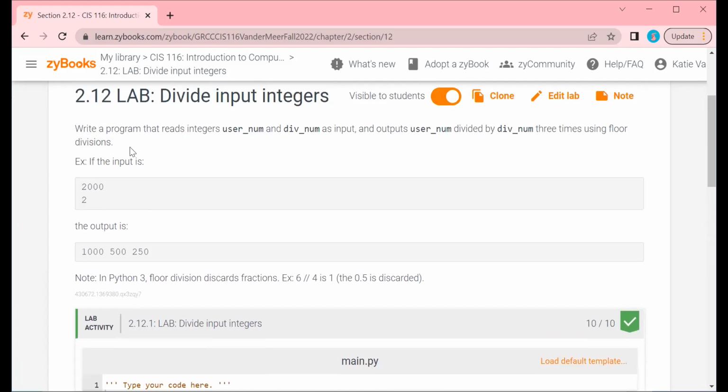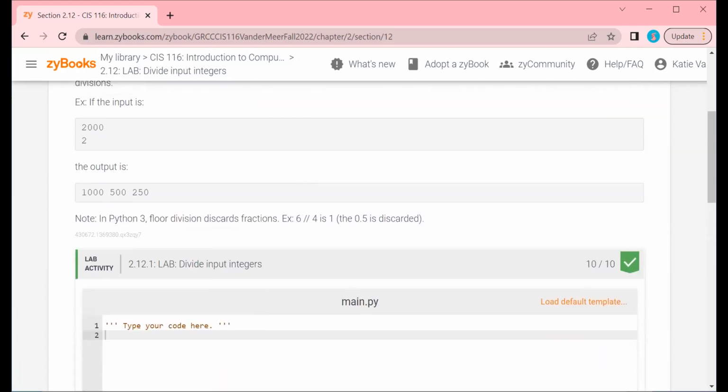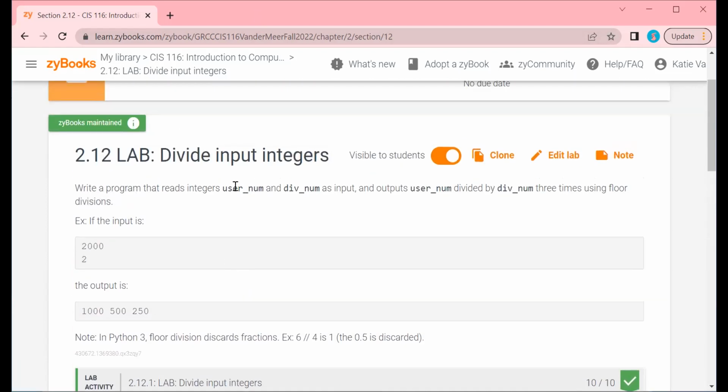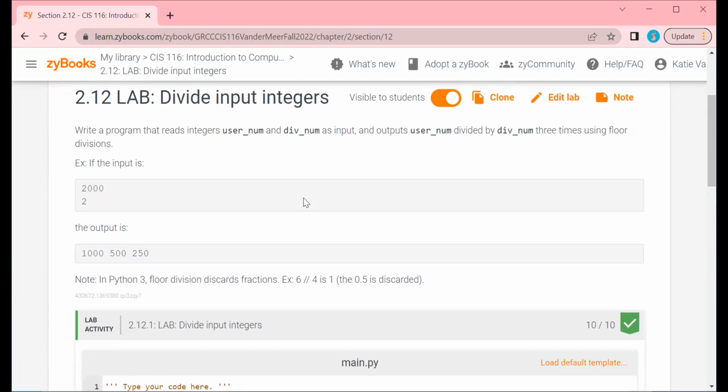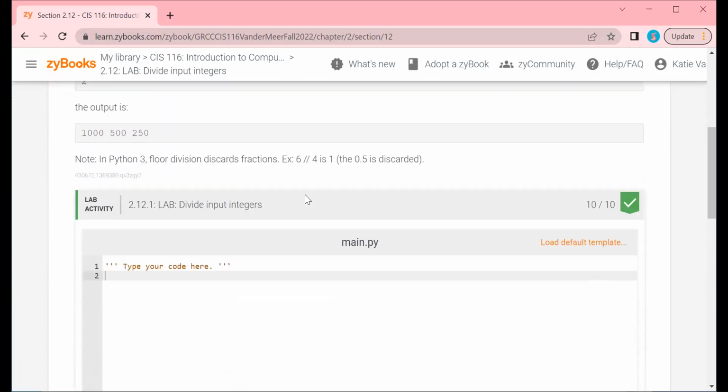Now that we looked at the answer, it says write a program that reads integers, user_num and div_num. So I always stop right there and say, okay, I've got my first direction. It tells me user_num, div_num. So that was my first step.